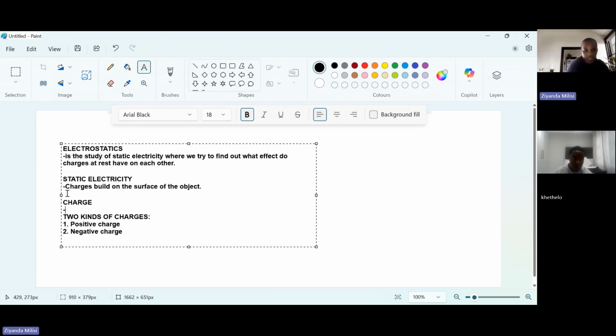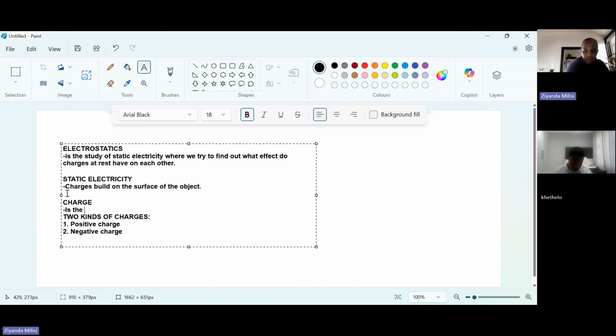Can you tell me what is the symbol for a charge? Q. It's Q. Good.